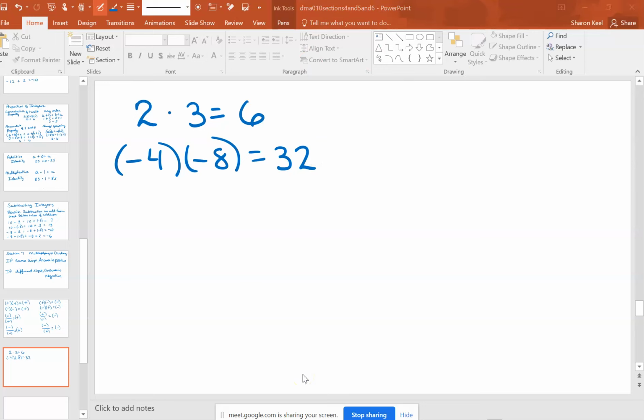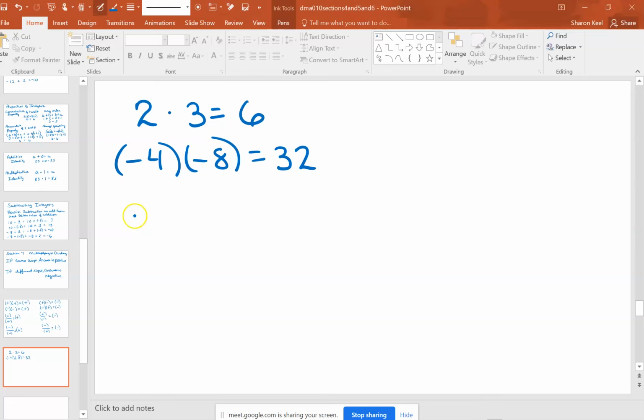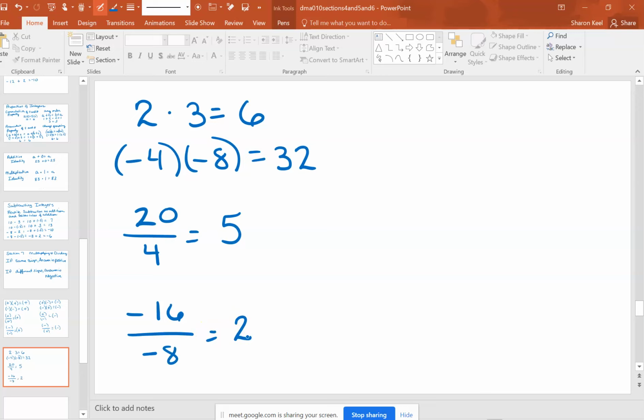If we have 20 divided by 4, that's going to give us a 5. If we have negative 16 divided by negative 8, that's going to give us a positive 2. Same sign, your answer is positive.